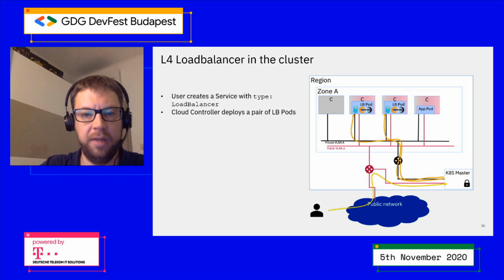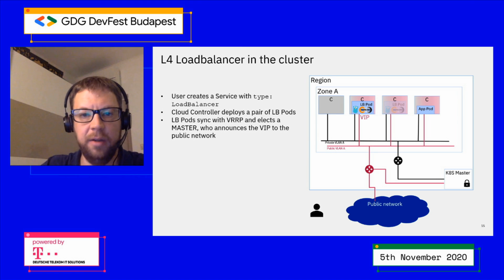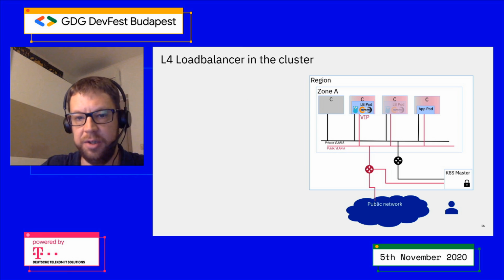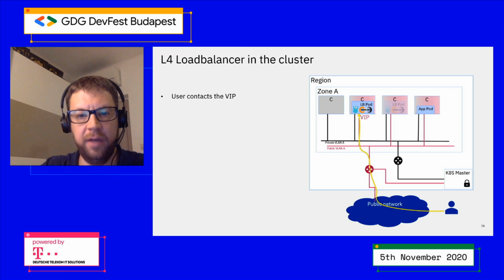For example, it fetches the IP address it wants to allocate, and after selecting the master and the backup, the master will announce the virtual IP, which will be reachable from the internet. It is basically announcing the virtual IP towards the site router with regular ARP messages. So after that, when a user comes and connects to that virtual IP address, it will be directly routed to the compute instance where the master load balancer pod is running.